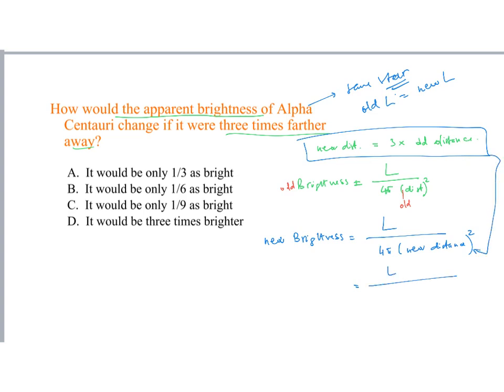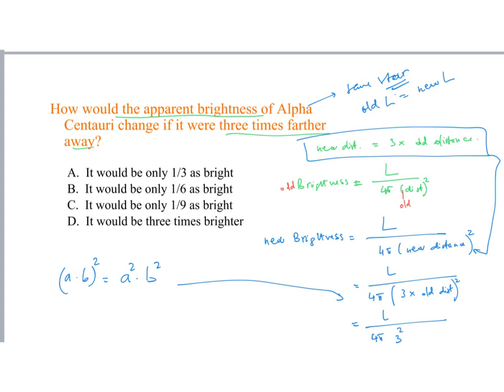So we have luminosity divided by 4 pi, and the new distance is 3 times old distance squared. And remember, we apply the formula a times b to the power of 2: this is a squared times b squared. So we have L divided by 4 pi, and then 3 squared times old distance squared.